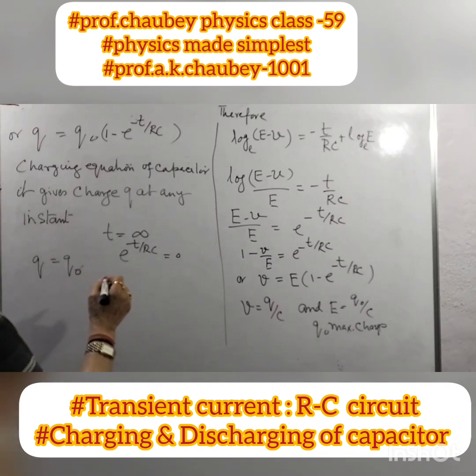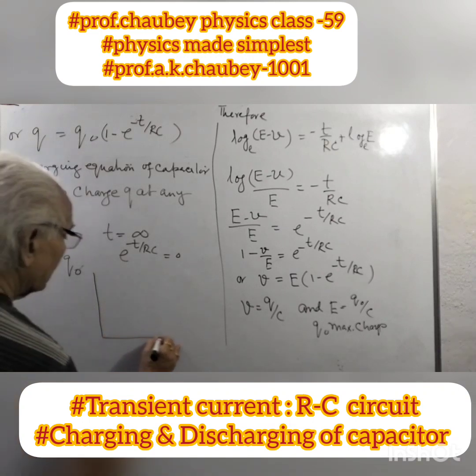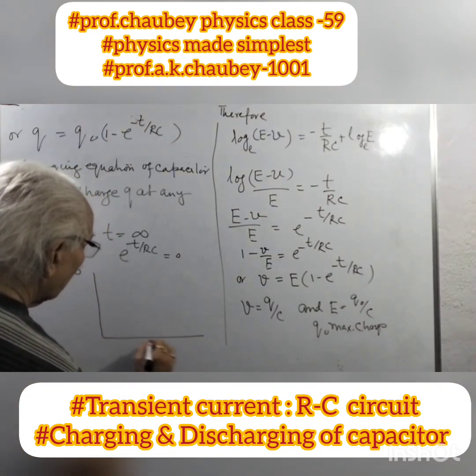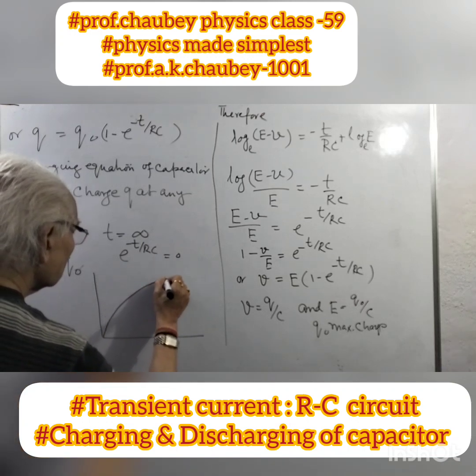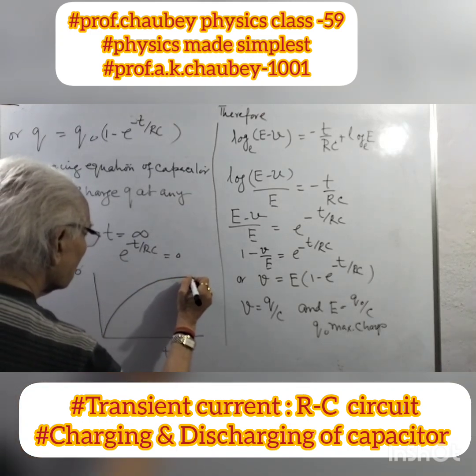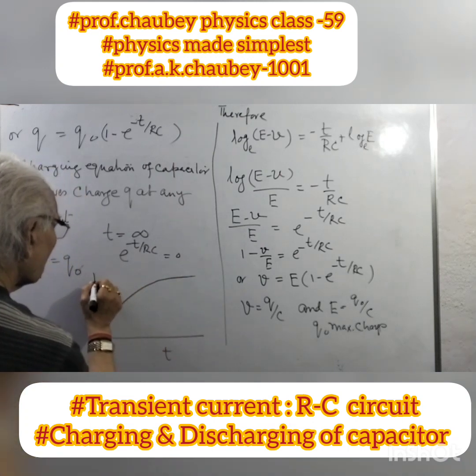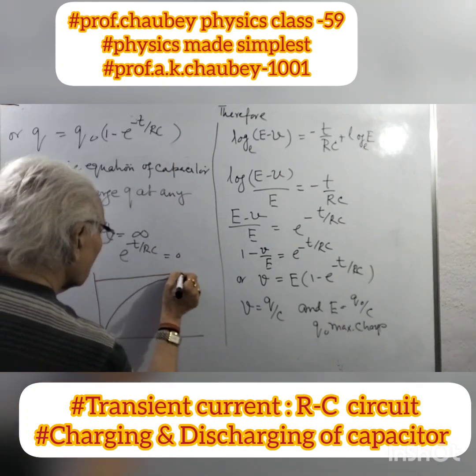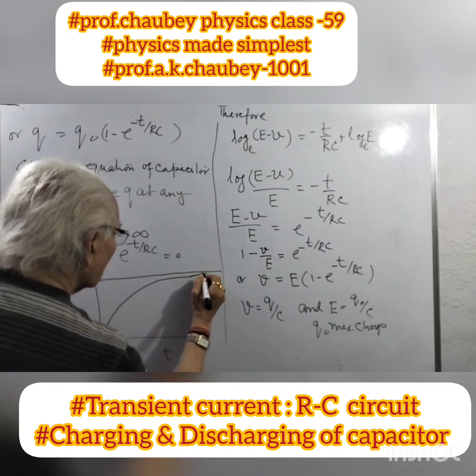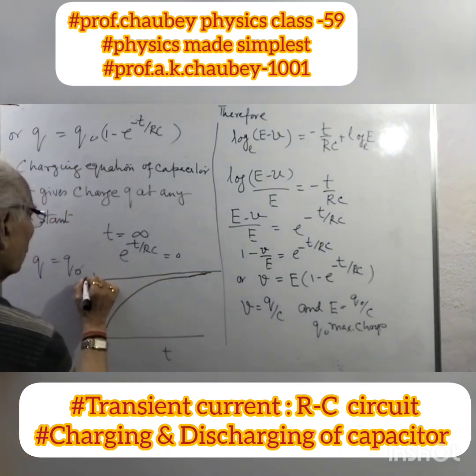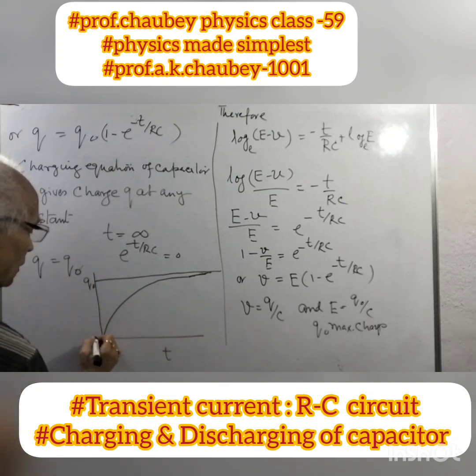We can also plot this curve against time, starting from here. This is Q naught, this is 0.